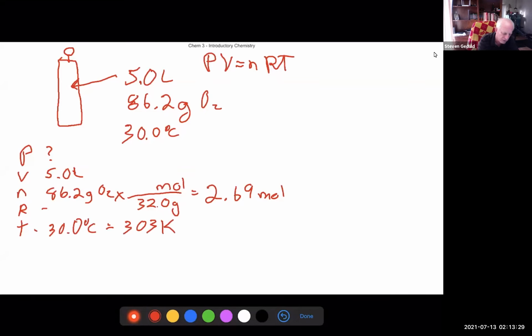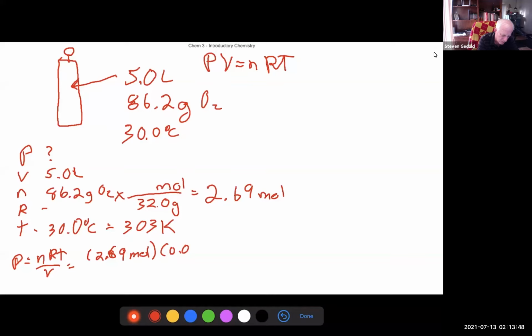So we're looking for pressure. So pressure equals nRT divided by V. N is the number of moles, 2.69 moles. R is 0.08206 liters atmospheres per mole per Kelvin.